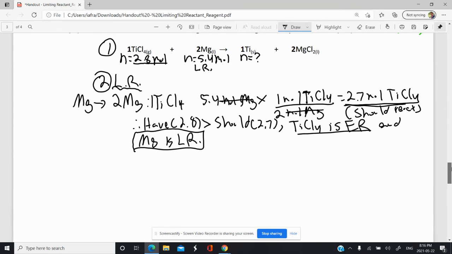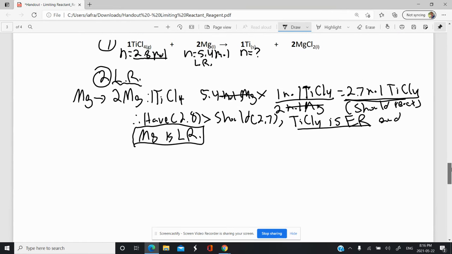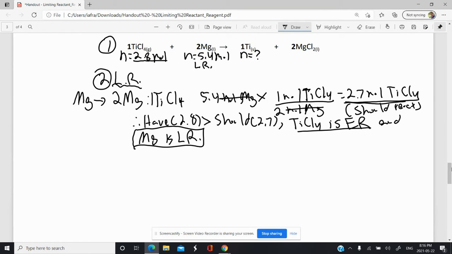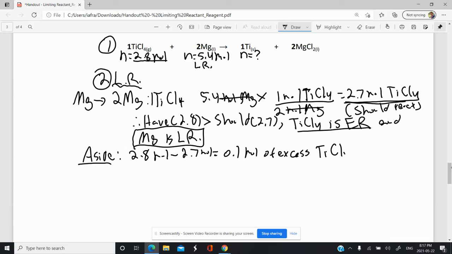If you want to find how much is left over in terms of moles, this is just an aside, or extra. What you could do is you would have 2.8 moles that are available minus 2.7 moles that would react, and that would give you 0.1 moles of excess titanium chloride.